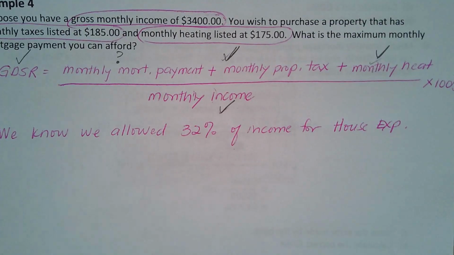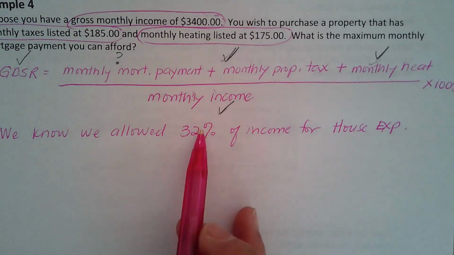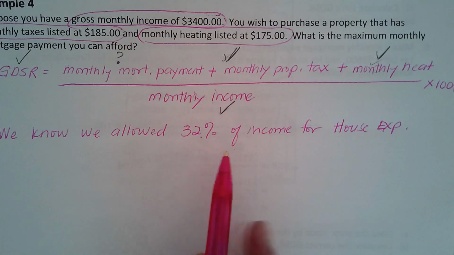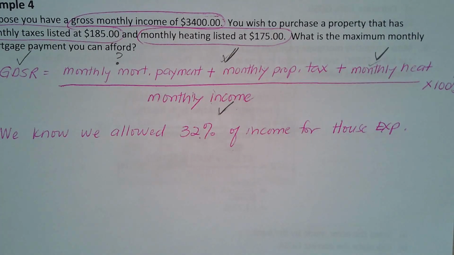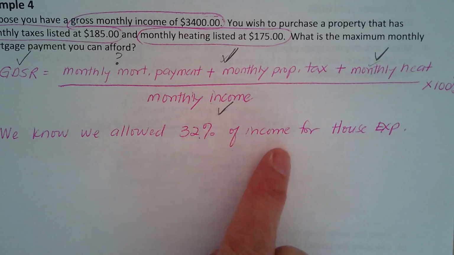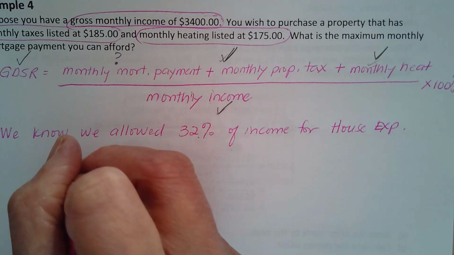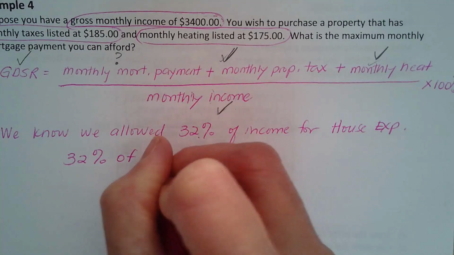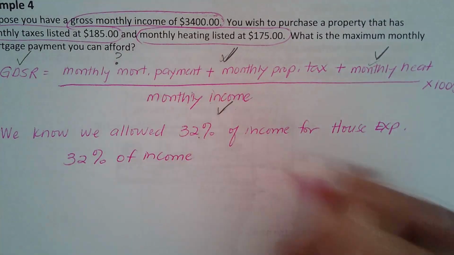We know that. We know that 32%, we are going to use that amount for house expenses. Okay, well, let's see how much that is. What's 32% of the income? So 32% of income. Figure that out.